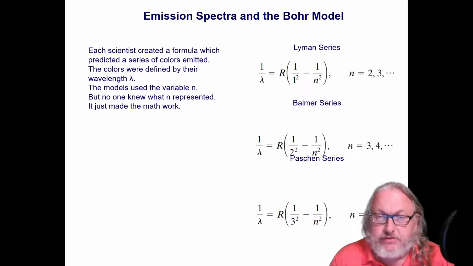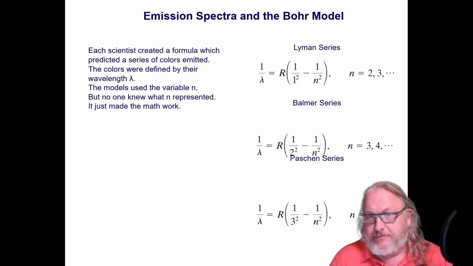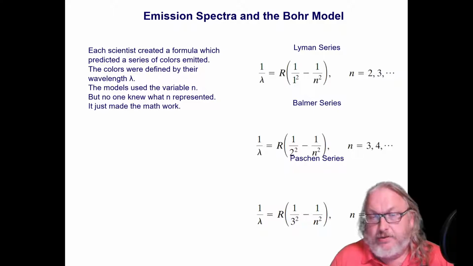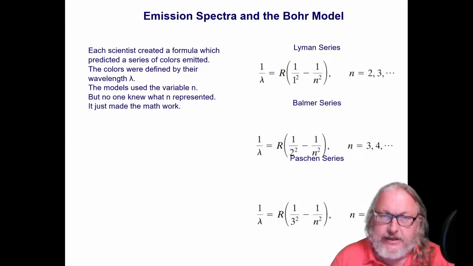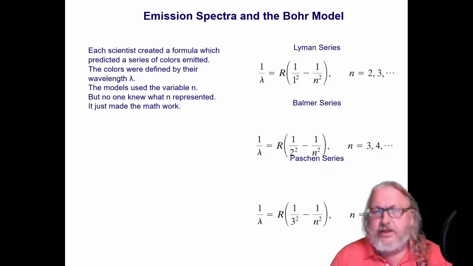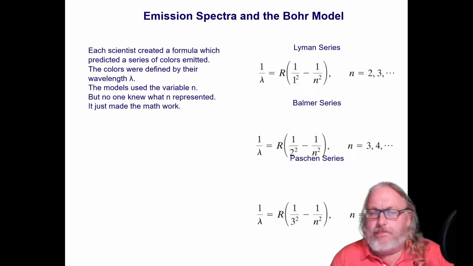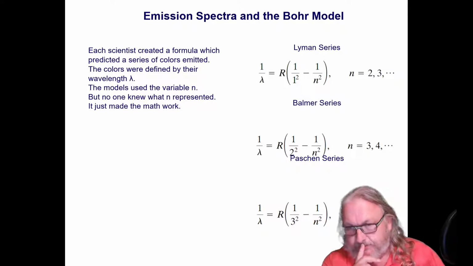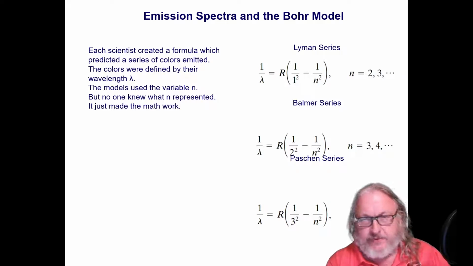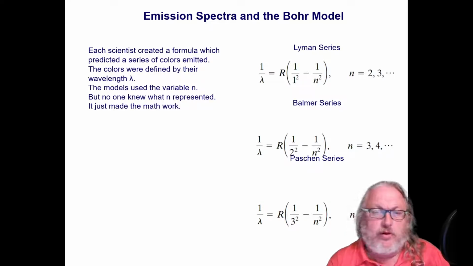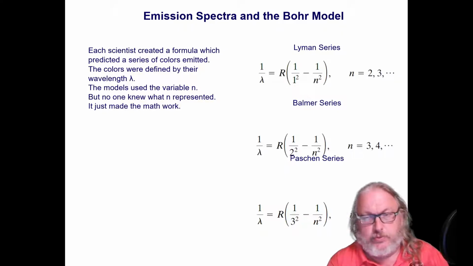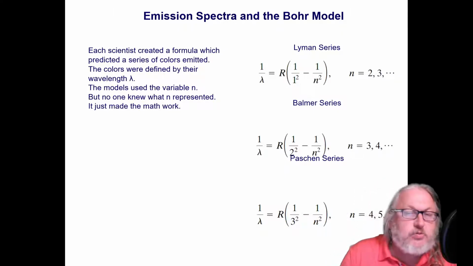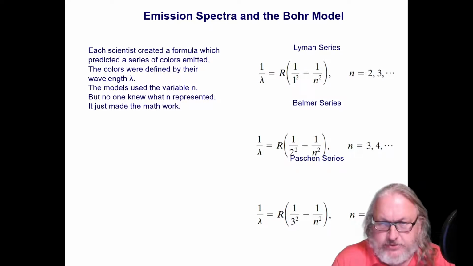The Lyman series uses the reciprocal of lambda equals R times 1 over 1 squared minus 1 over n squared, with n being 2, 3, and so on, a normal integer. The Balmer series used the reciprocal of lambda equals R times 1 over 2 squared minus 1 over n squared, with n being an integer greater than 2, so it started with 3, 4, 5, and so on.